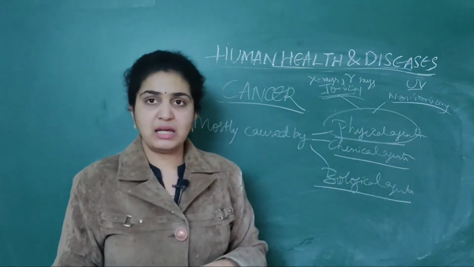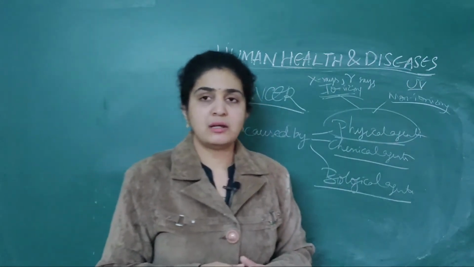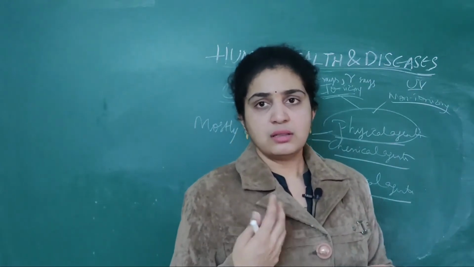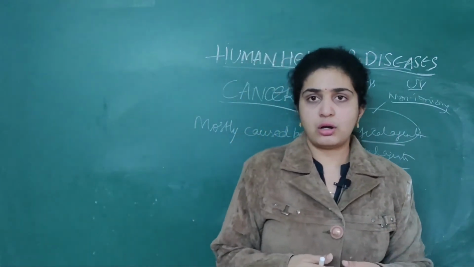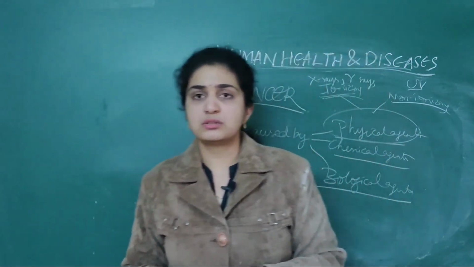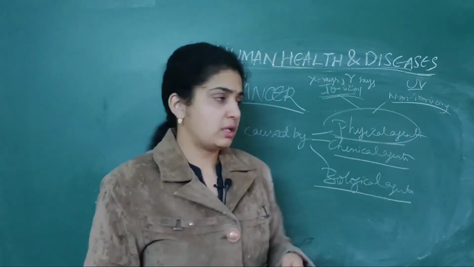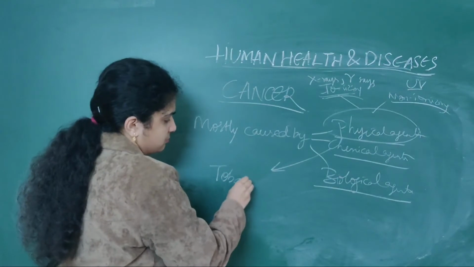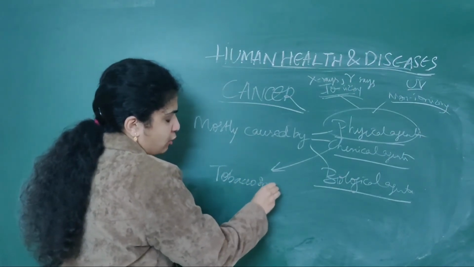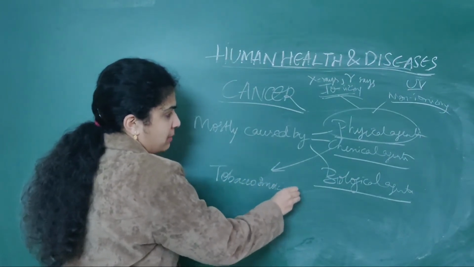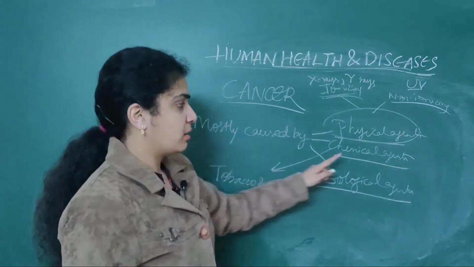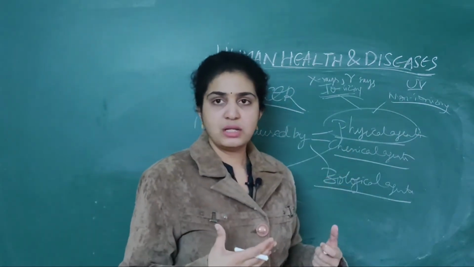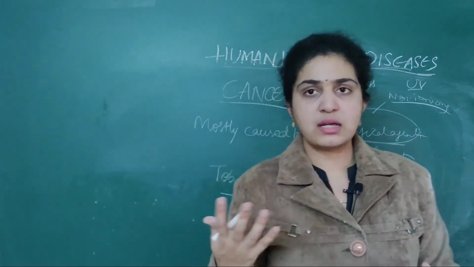When it comes to chemical agents, what will cause cancer? We have already seen lung cancers and so on, we all know. Why is it caused? It is caused due to tobacco smoking. Severe tobacco smoking, the smoke which is released, causes cancer.